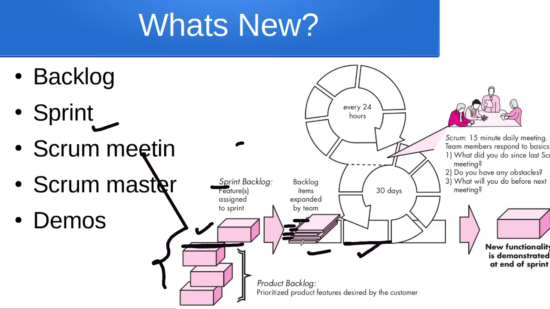It may be 7 days, 14 days, sometimes 30 days. Here in this picture it is showing that the time box is 30 days. So in 30 days, whatever tasks we can complete are kept in one sprint.